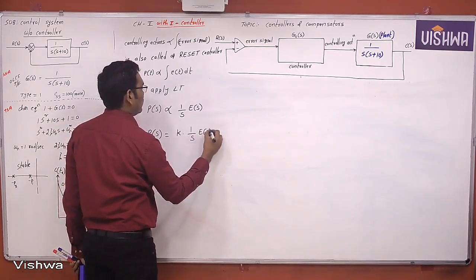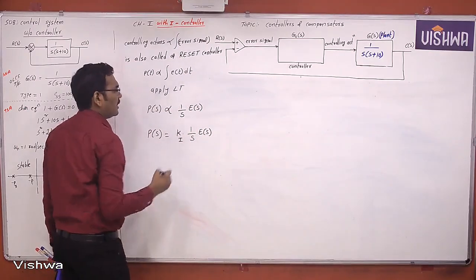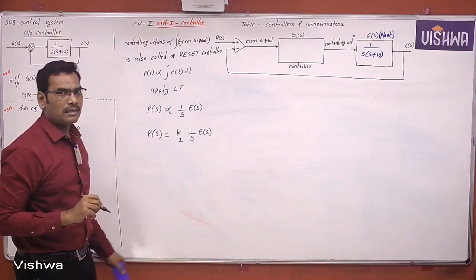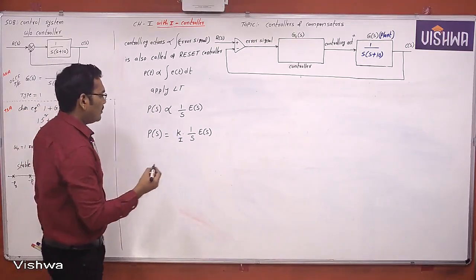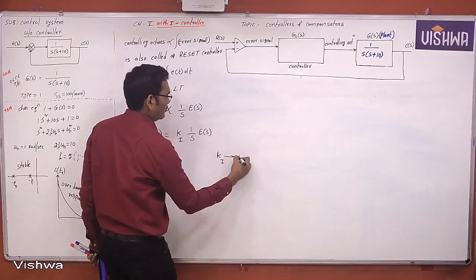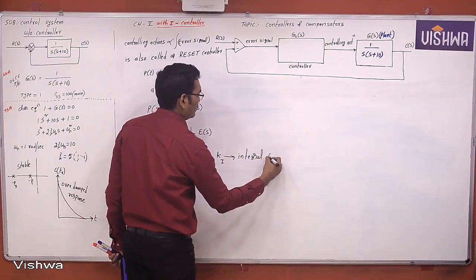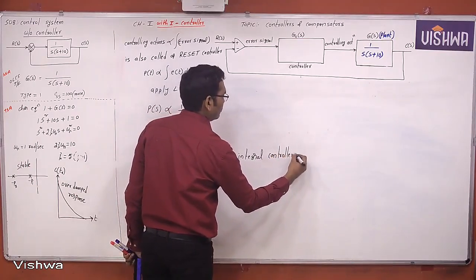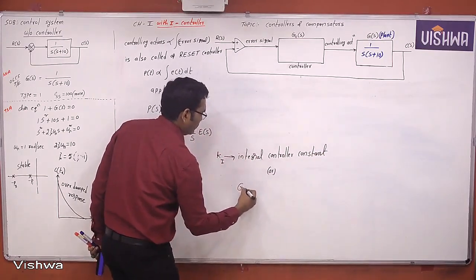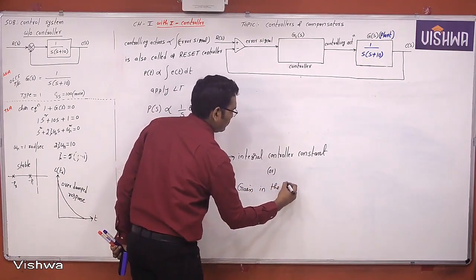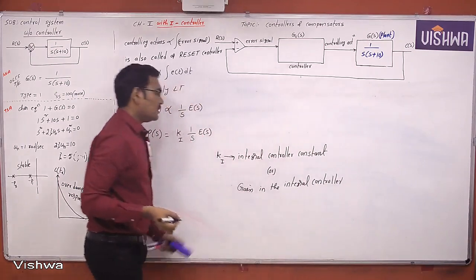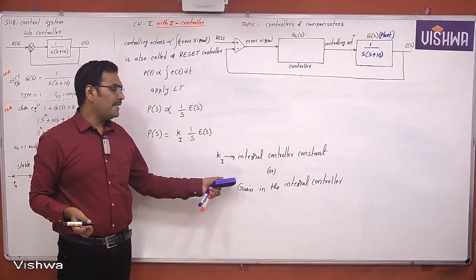This is the constant in the integral controller, represented by Ki, the integral controller constant or gain in the integral controller.